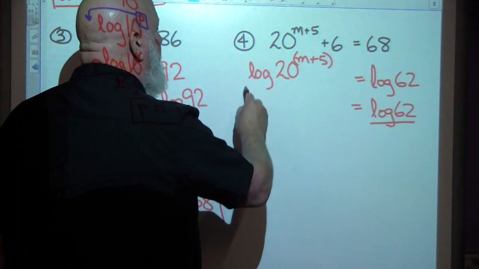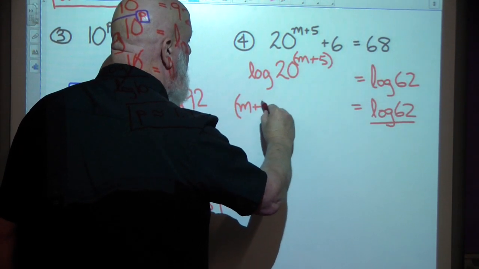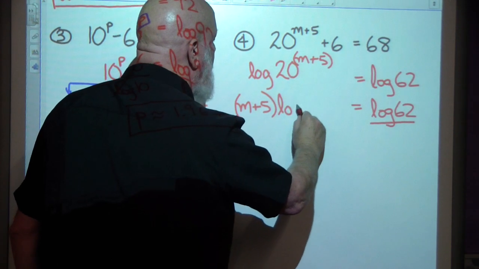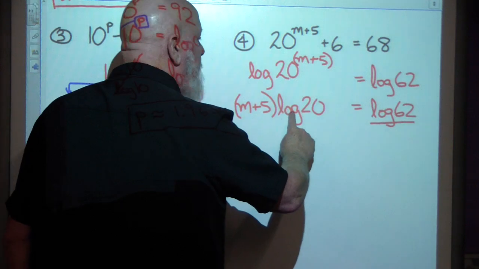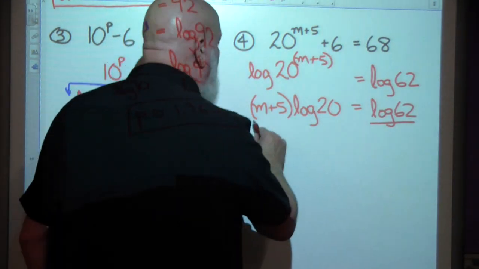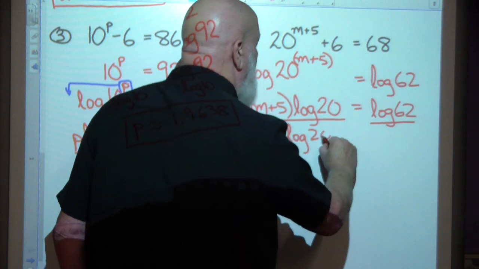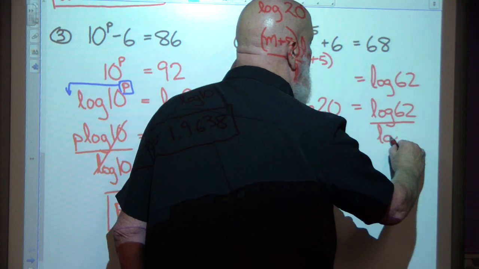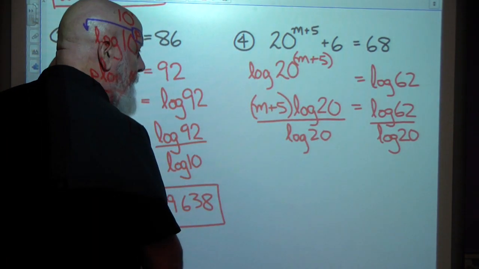I'm going to use a power property. (M plus 5) log 20. Why I wrote log 12, we may never know, is equal to log 62. Now I'm going to divide both sides by log 20. Mistakes happen. I try not to make mistakes, but dagnabbit, I make them.